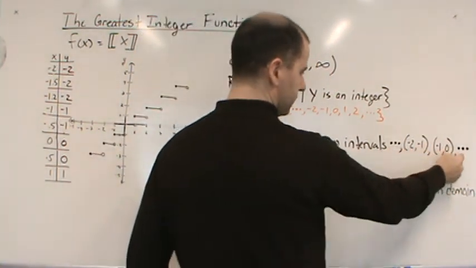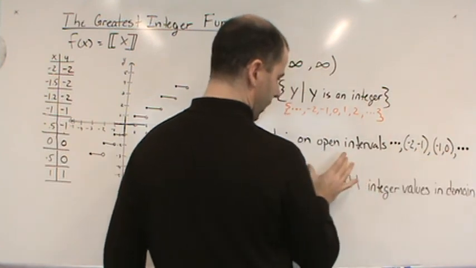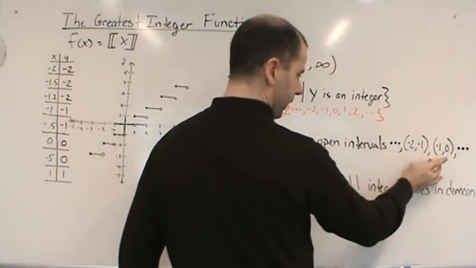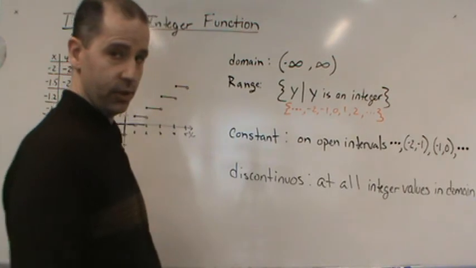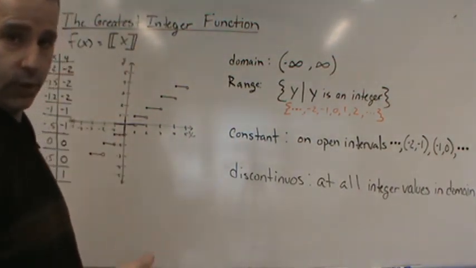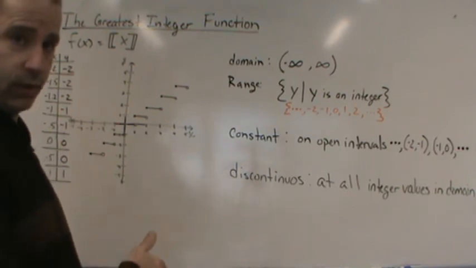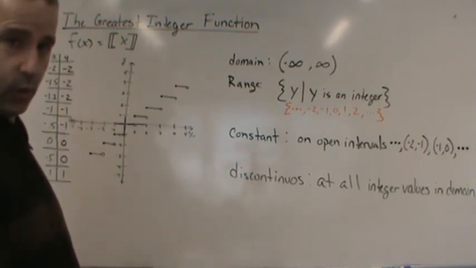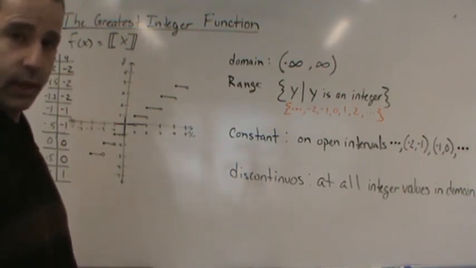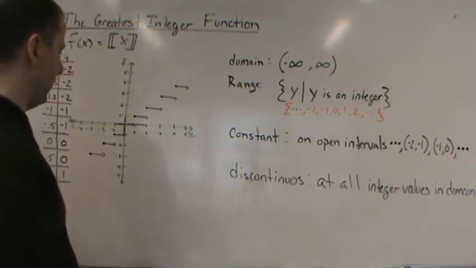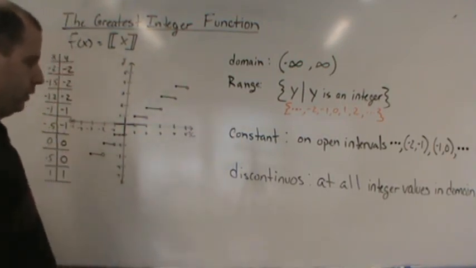So again, I put these ellipses here to say, hey, all the open intervals in between consecutive integers. Okay, so 1 to 2, 2 to 3, 3 to 4, and so on. Negative 2 to negative 1, negative 3 to negative 2, and so on. Okay, so it's constant on all those open intervals.